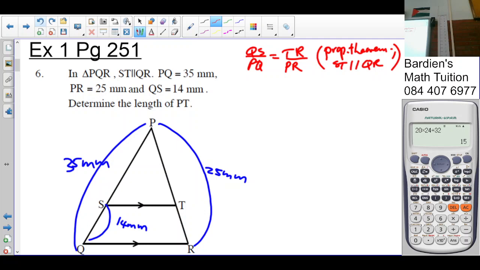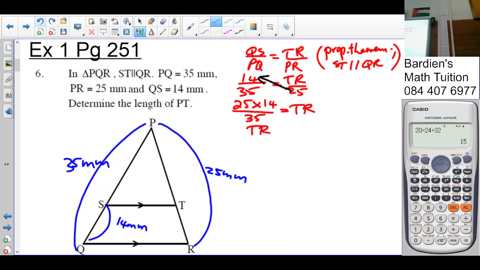Okay, so QS is 14 over 35 is equal to TR, which I'm calculating at this point, over PR, which is 25. So what do I do? I cross multiply. So that will simply be 25 times 14 over 35 is equal to TR.